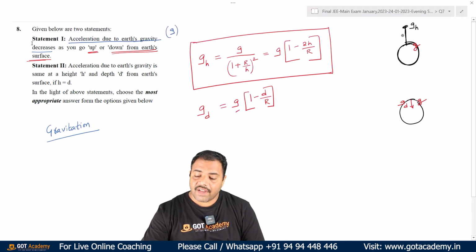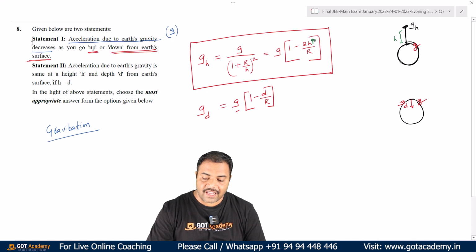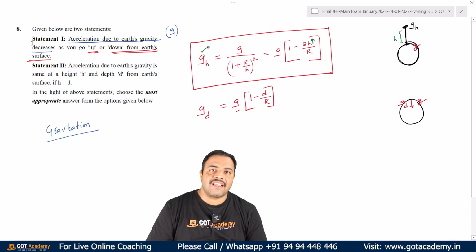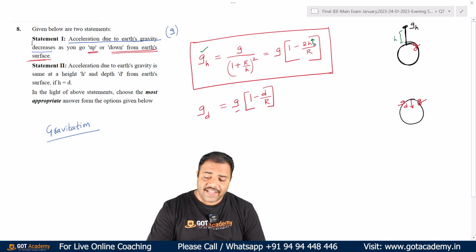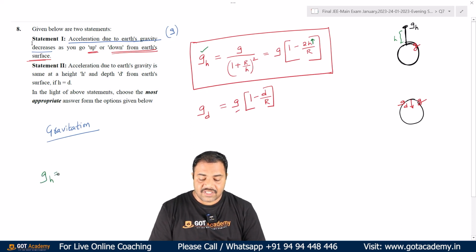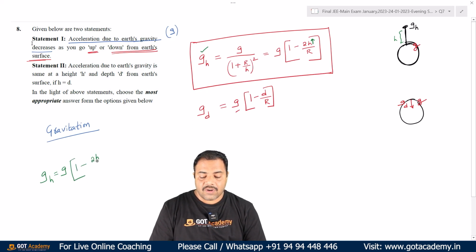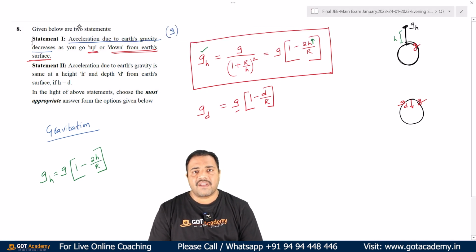Children, while you are going up to a height h, this h is increasing. When this h is increasing, what happens to g_h, that is, acceleration due to gravity at a height h? Observe this mathematical part. g_h is equal to g(1 - 2h/R). If you observe mathematically, you could confine the statement.